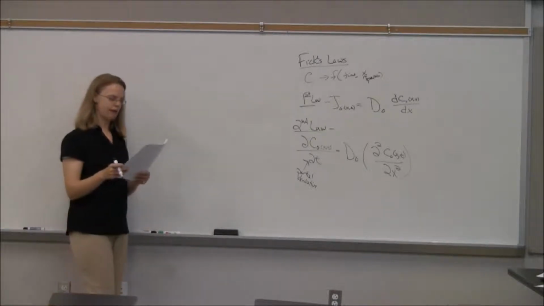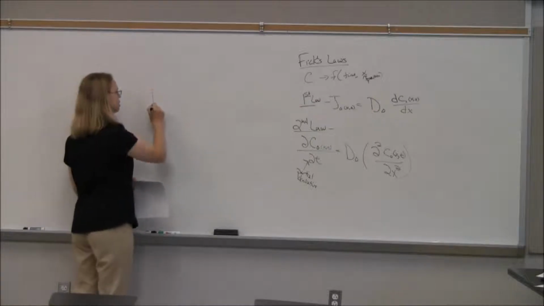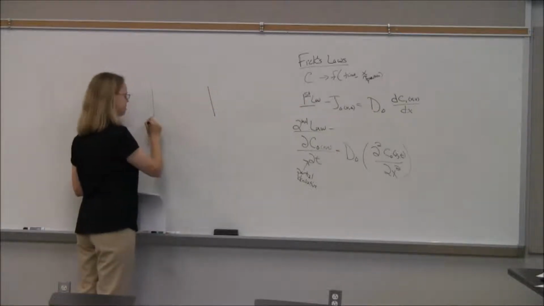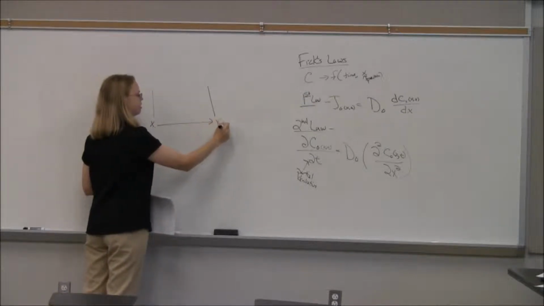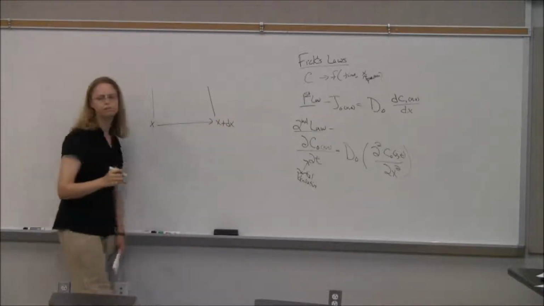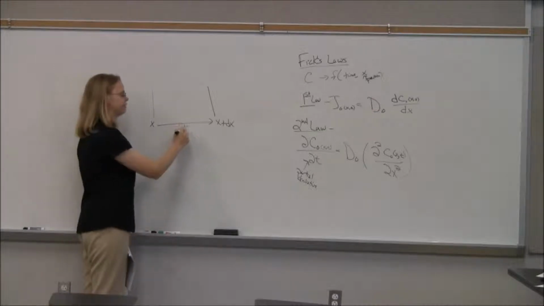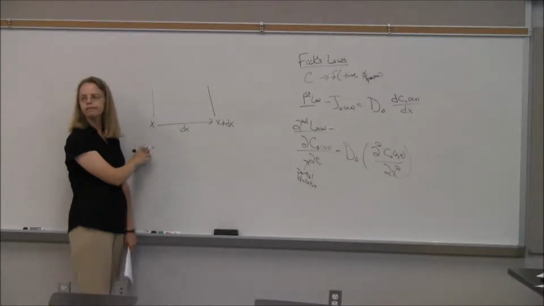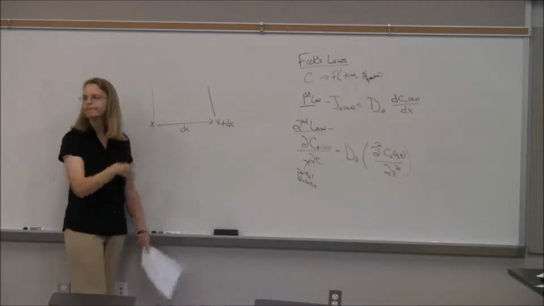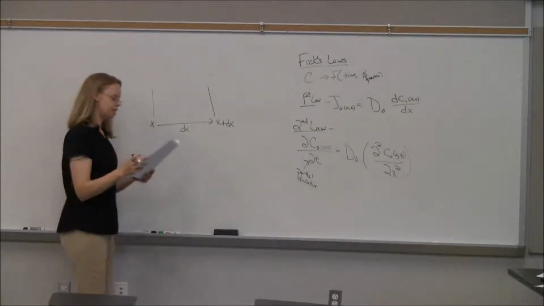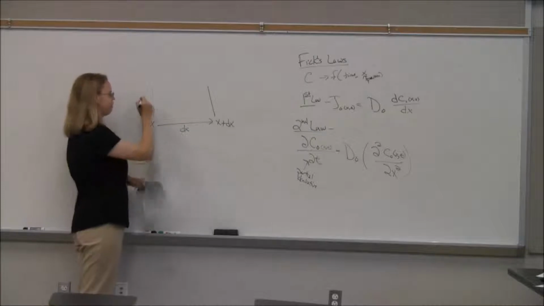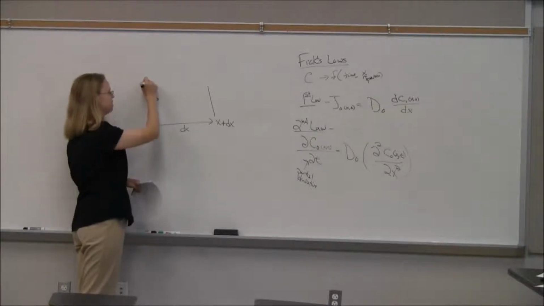So one of the things I think is helpful to think of is a diagram that looks like this. Let's say this is x, and over here is x plus dx, meaning we've gone some distance dx from there. So we start at 0, and we go to 2, so dx is 2, or something like that. We want to know what's the flux at this point in time.